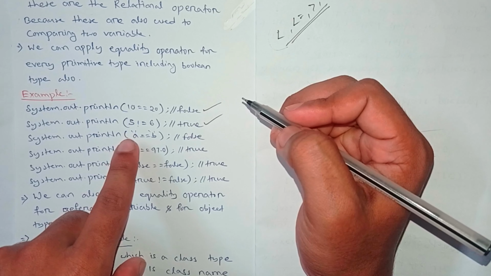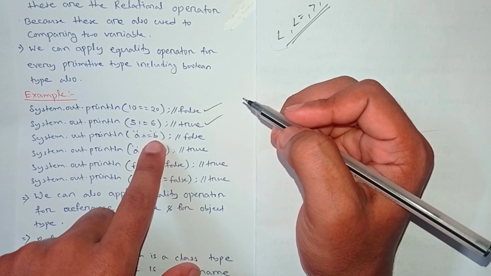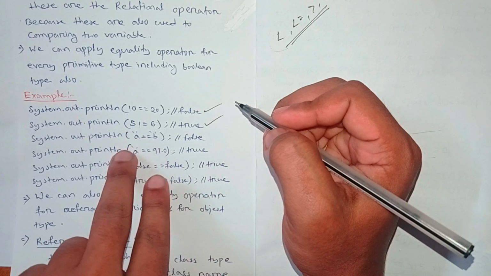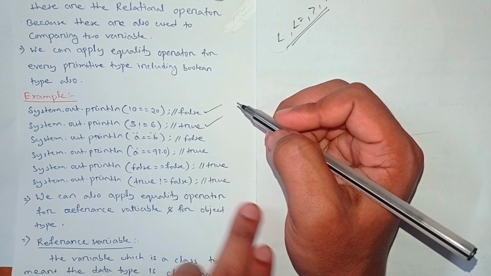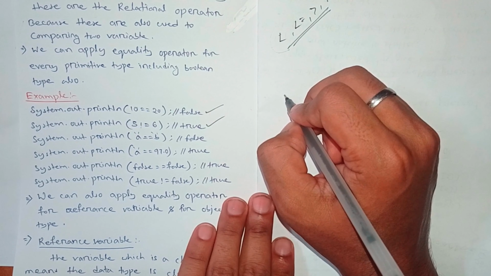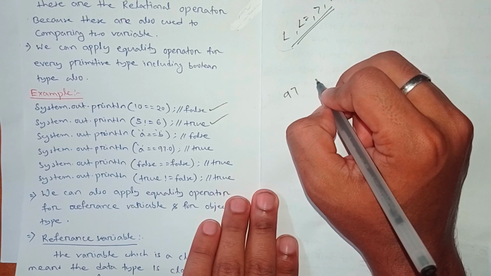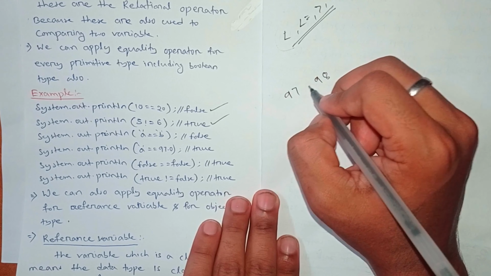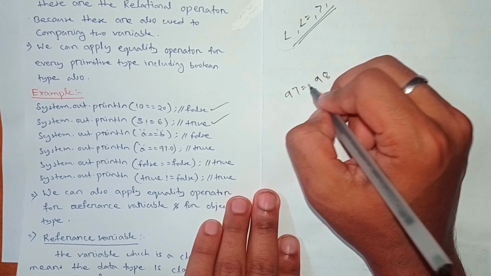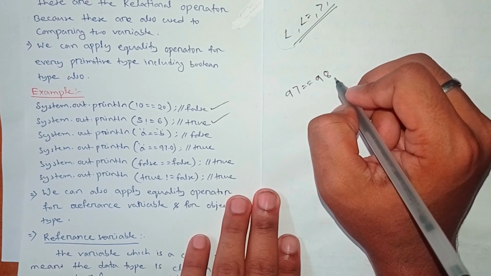System.out.println 'a' equal to 'b'. It will be compared by using their ASCII values. What is the ASCII value of small a? This is 97. What is the ASCII value of small b? This is 98. So 97 equal to 98? No, this is false.